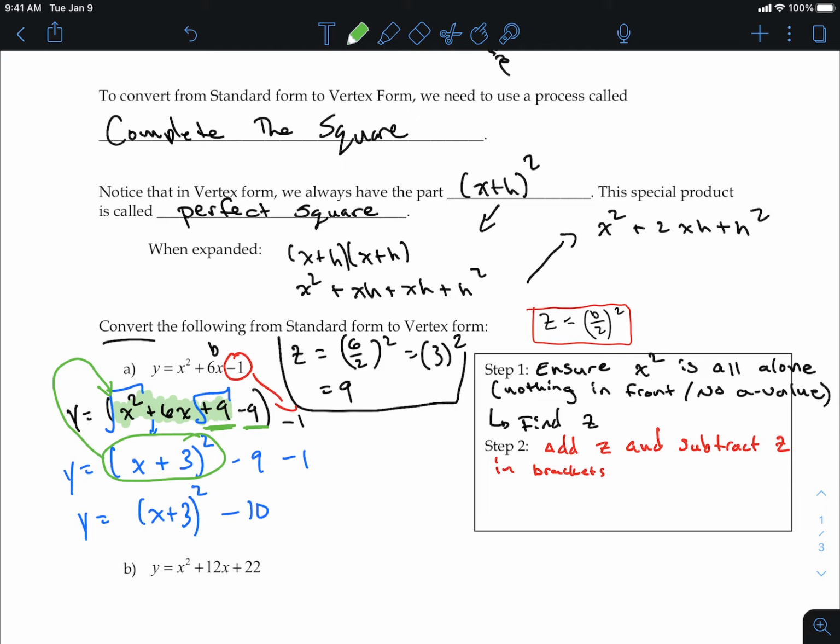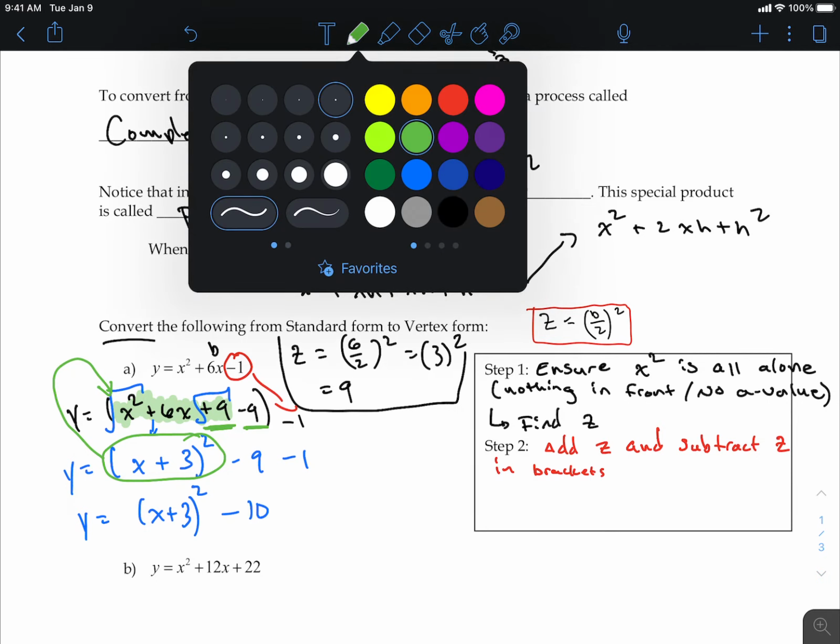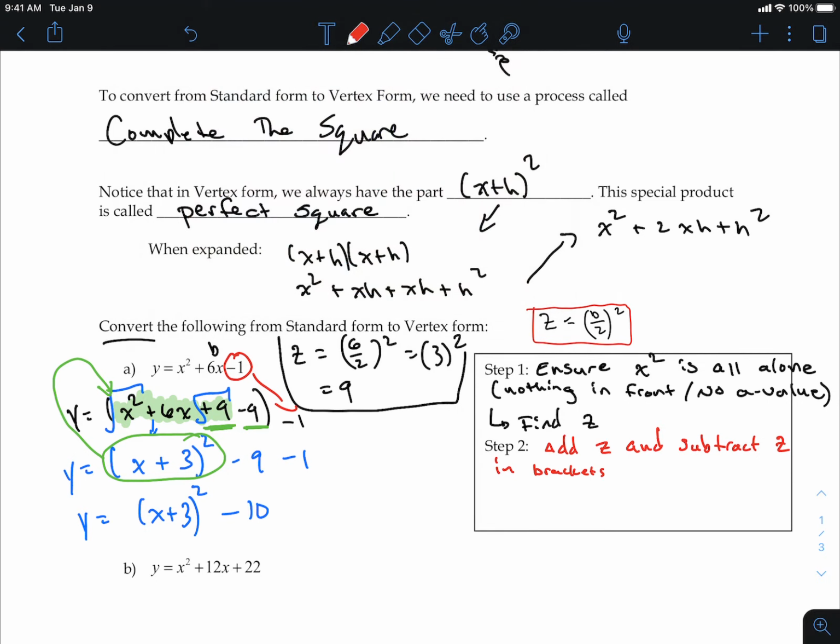What's the vertex? I knew this is gonna blow everybody's mind. But trust me, if we just do this, I don't know how to write this in. Let's say the next step is factor the perfect square. I ran out of room.